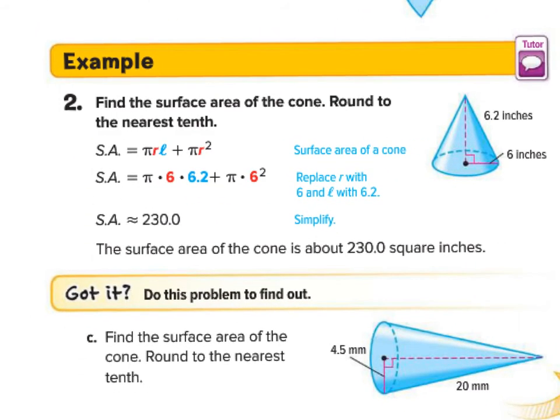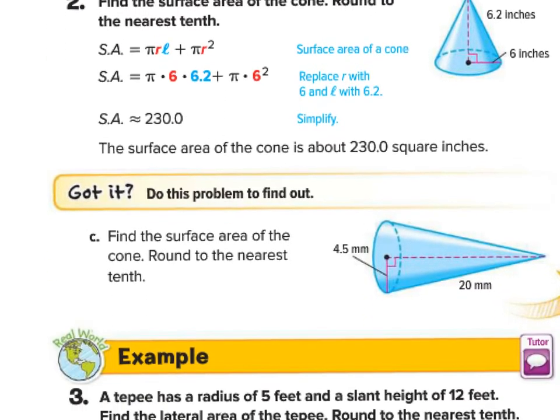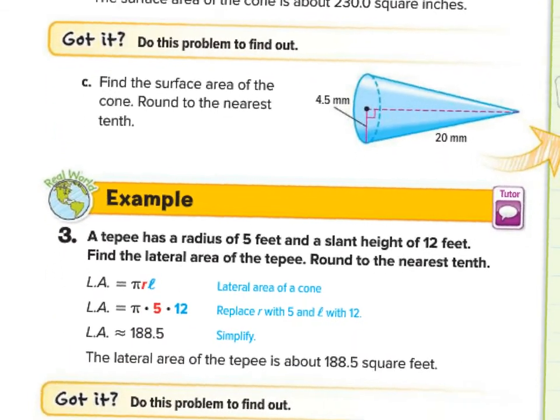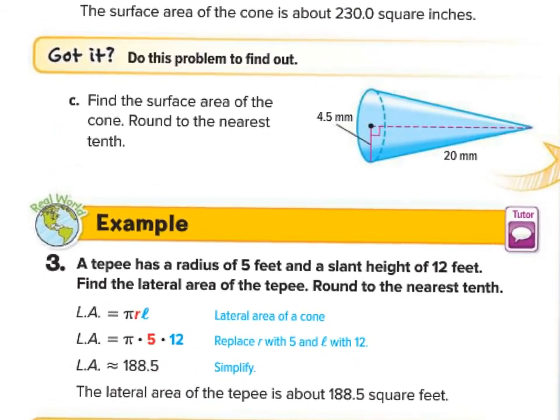First, let's see, when we have a cone given a height of 6.2 inches with a radius of 6 inches, you replace those variables in both terms of the surface area, and you solve by multiplying and then adding, following order of operation, and you get it right there. Okay, if you need to pause and dissect this a little bit more, go ahead. But for the sake of time and keeping the video short, I'm just going to jump ahead to the got it section and try to do this one with you.